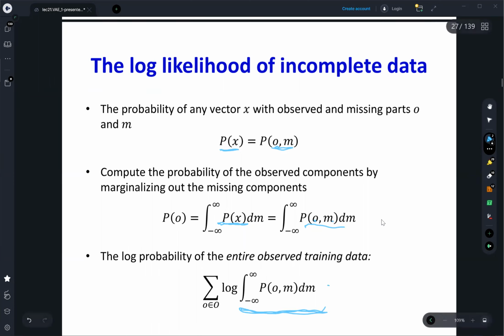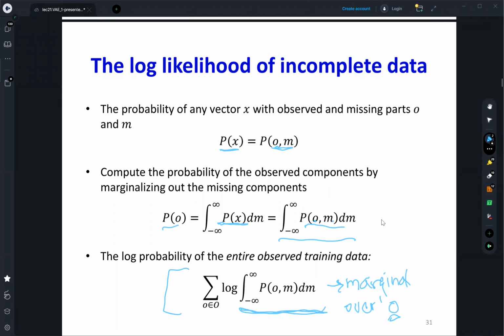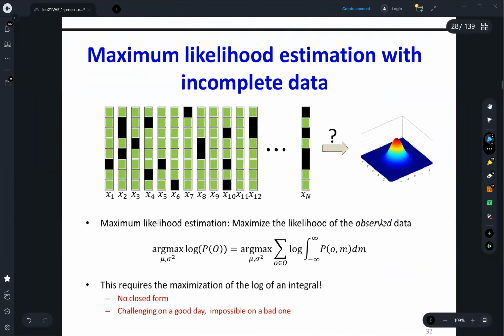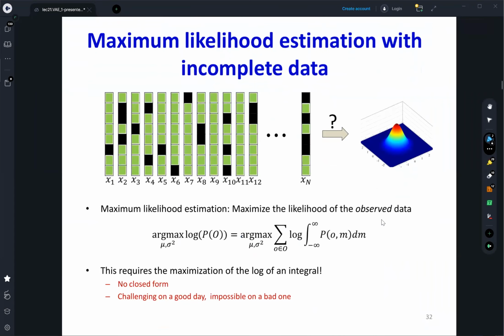So this is the marginal over the observations. You would compute P of O by integrating out the missing components, and then you can compute the log probability over the observed data. And then you can perform your maximum likelihood estimation by estimating your mean and variance to maximize the likelihood of the observed data.